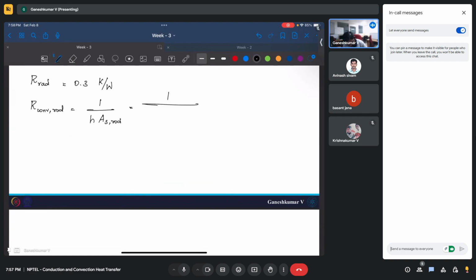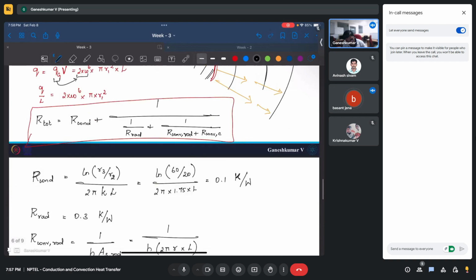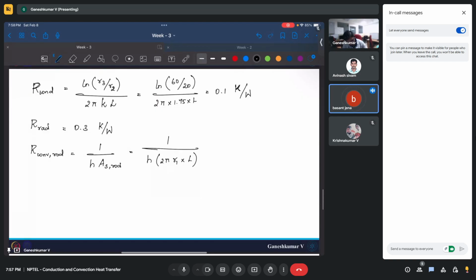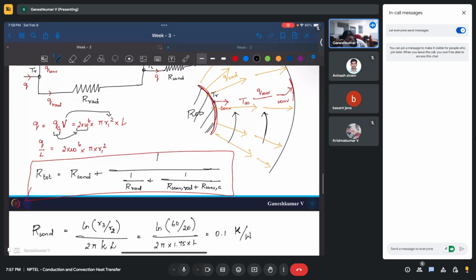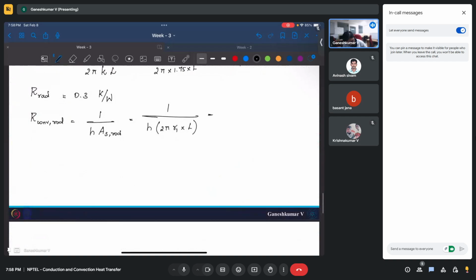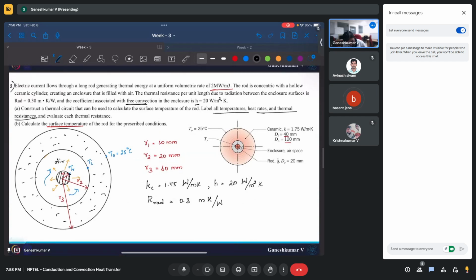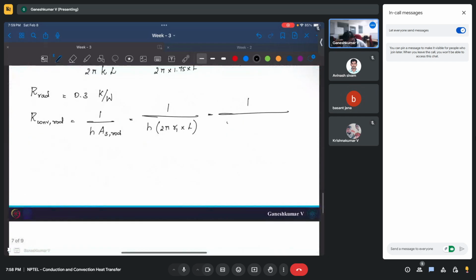What would be the rod's surface area? 2 pi r L, where r is the rod's radius r1, which is 10 mm. So you can substitute them here. h is given to be 20. So 20 times 2 pi into 10 into 10 power minus 3 into L.